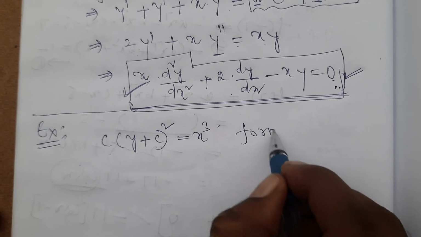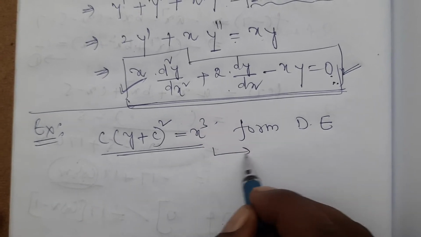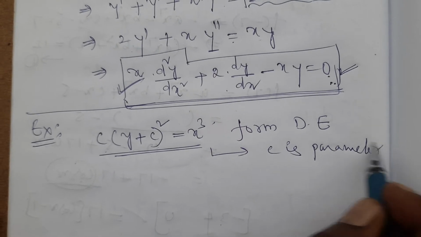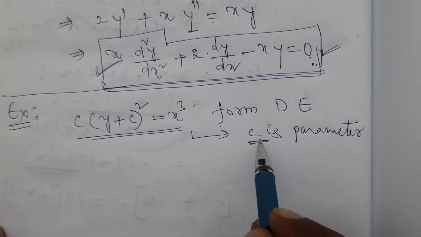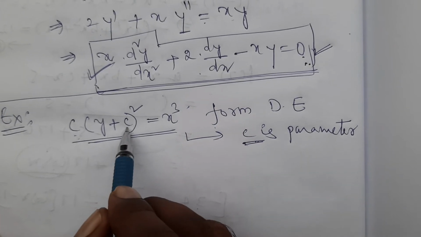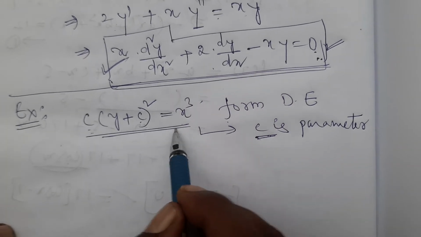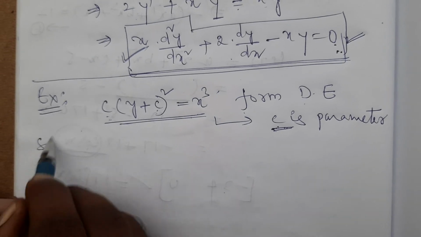Form the differential equation corresponding to this curve, where c is the parameter. Since only one parameter is there, you have to differentiate one time. After differentiation, you have to eliminate this c value. Then you will get the differential equation. Okay, we will do it.